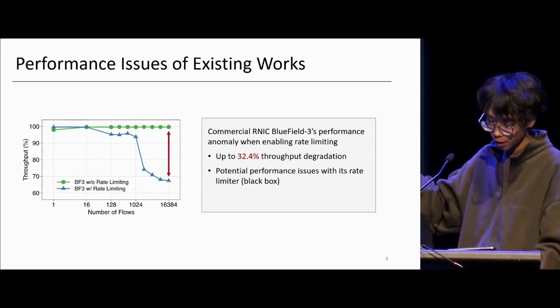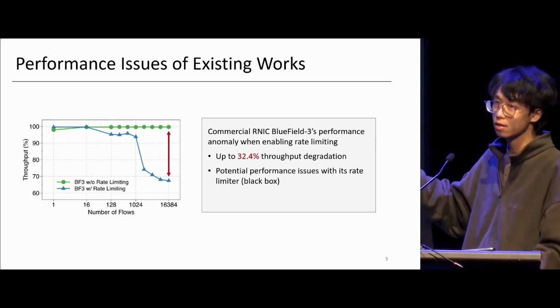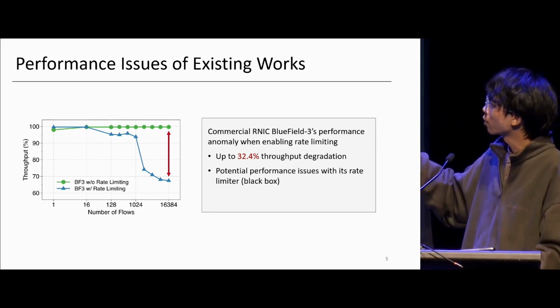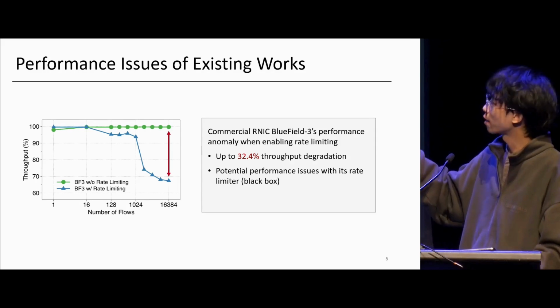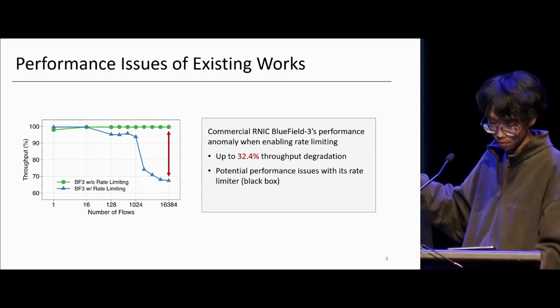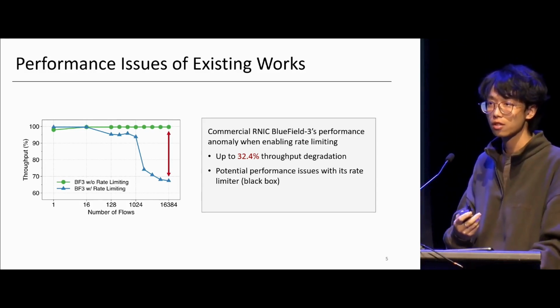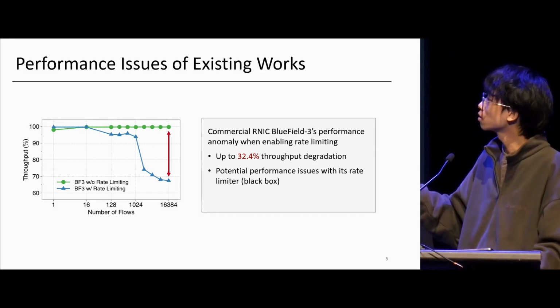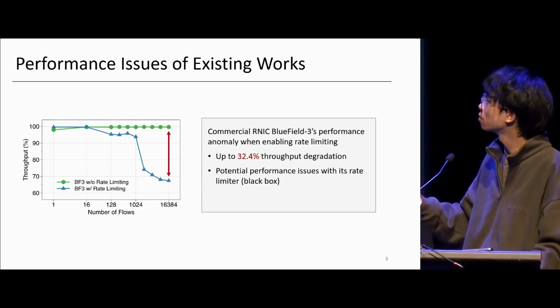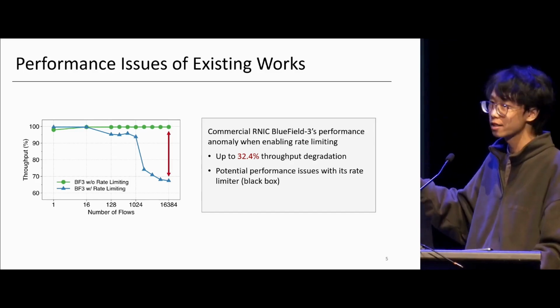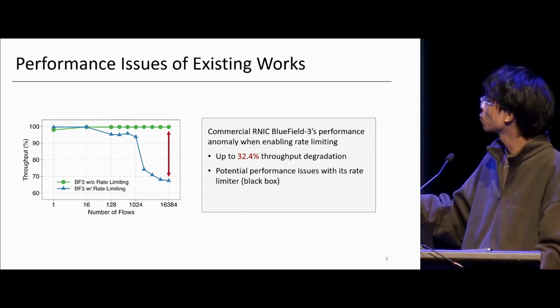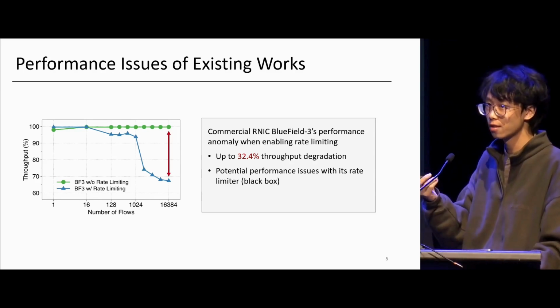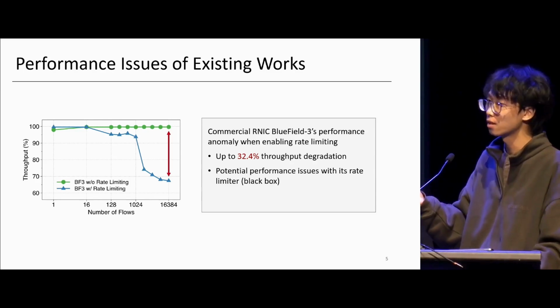As shown in the figure, we observe up to 13% throughput degradation when enabling the rate limiting for around 16,000 flows. We use the programmable congestion control framework to test the rate limiter, and the detailed setup can be found in our paper. This performance anomaly indicates some potential performance issues with its rate limiter, though it is a black box and hinders further analysis.